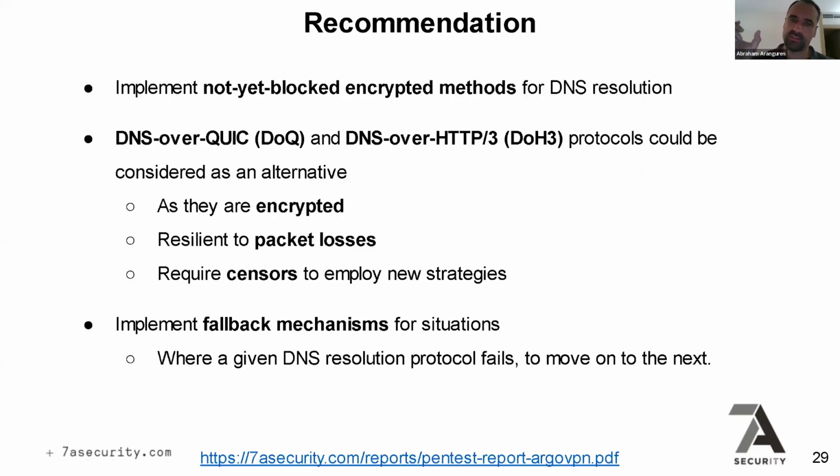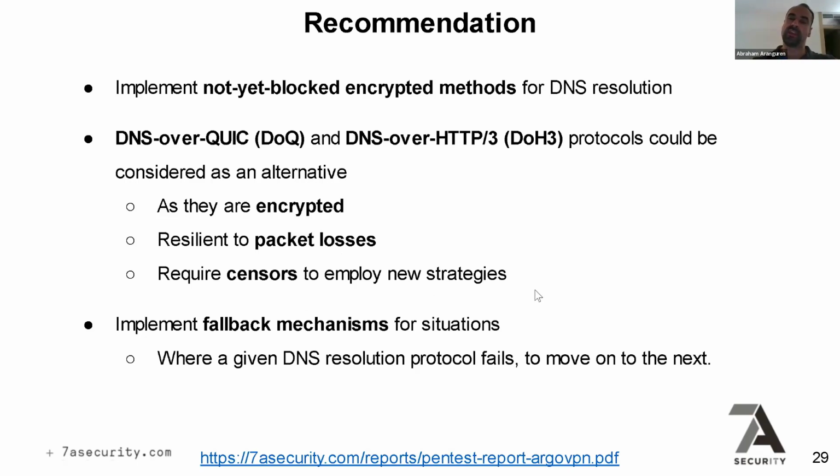So in this case, and this is also why you need a manual pen test, what we recommended is to implement not yet blocked encrypted methods for DNS resolution, right? So there are actually a couple of new protocols, DNS over QUIC and DNS over HTTP3. So these protocols could be considered as an alternative because they are encrypted, they are resilient to packet losses, and they require censors to employ new strategies.